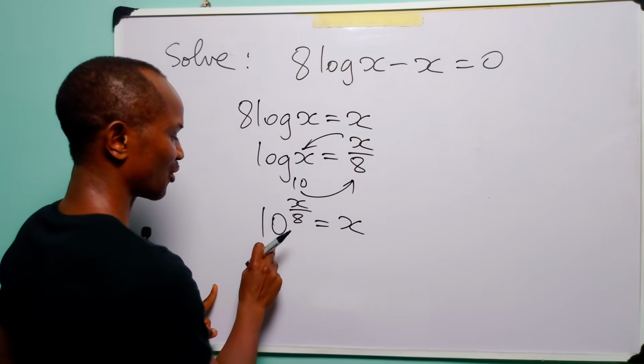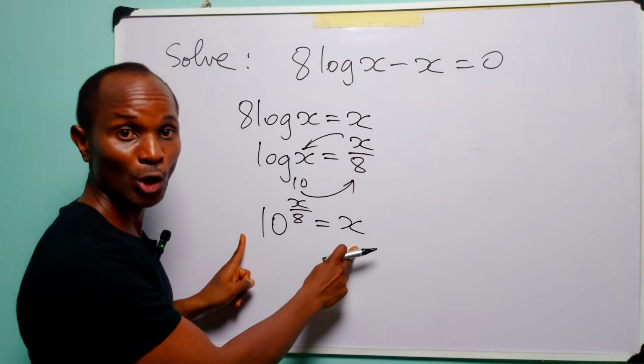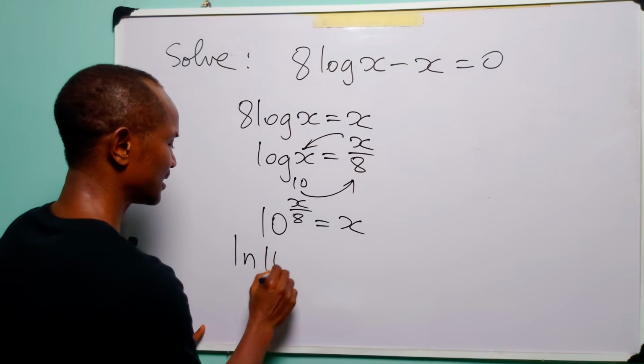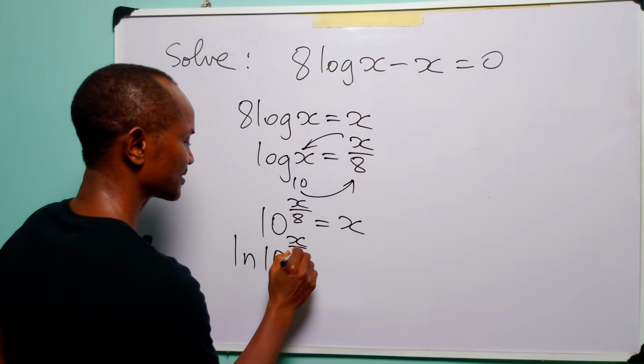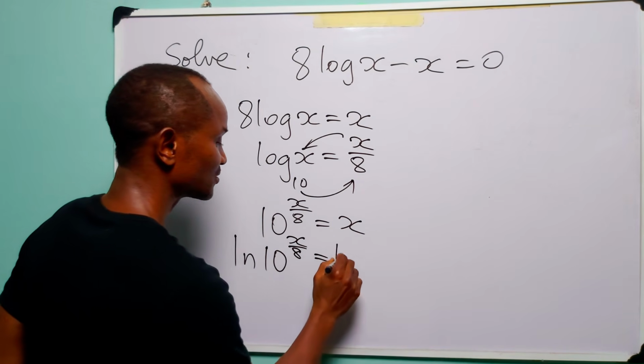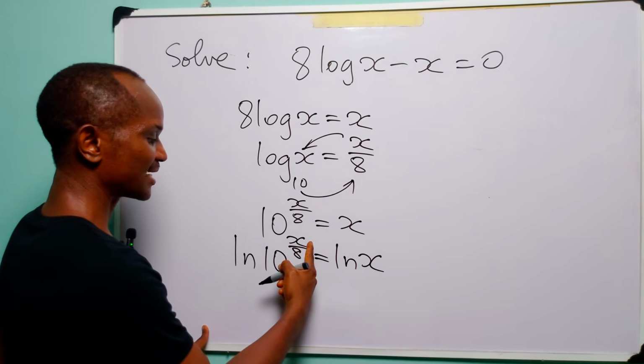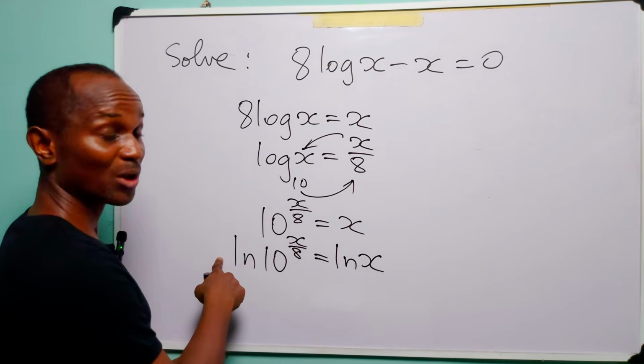The first thing we do from here is to take the natural log of both sides. And when we do that, we have that ln 10 raised to power x over 8 is equal to ln x. Of course, you know that we can bring down this exponent to multiply.